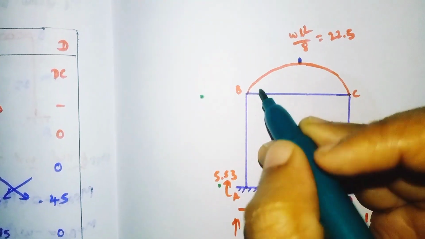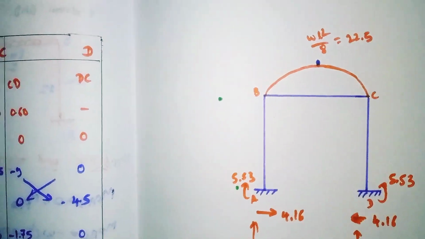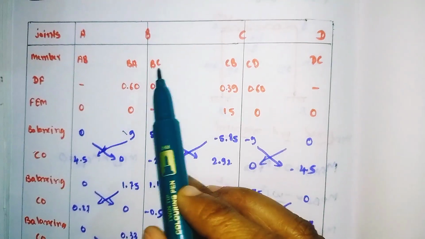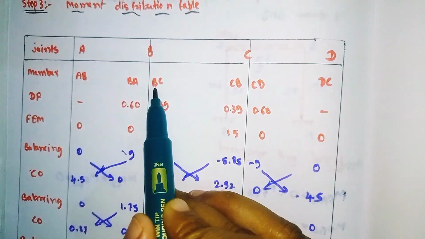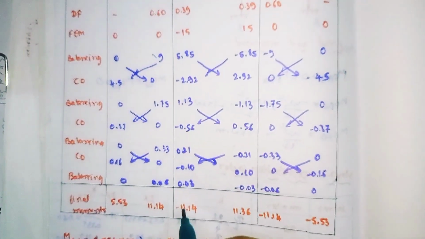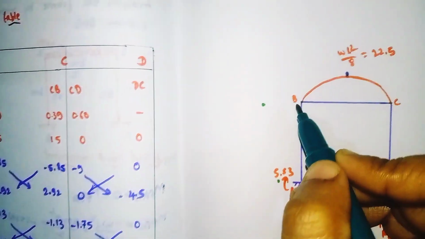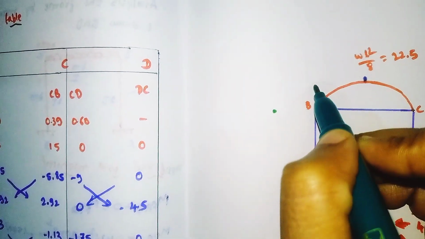And when it comes to span BC, the first point is B, and we need to see minus 11.14. So at B, minus 11.14 means it comes below this.